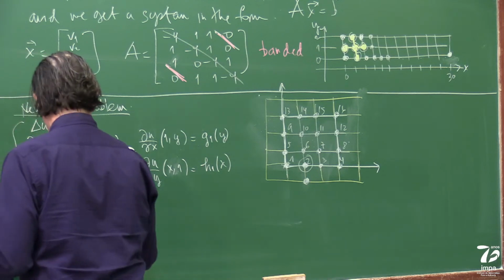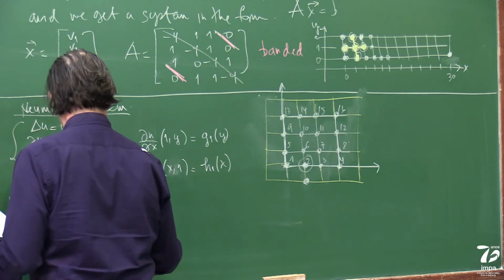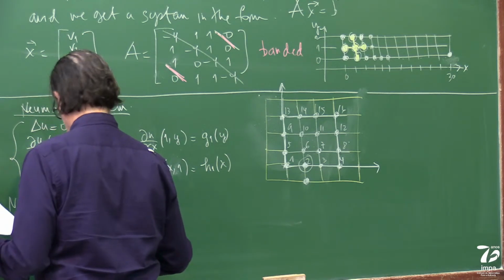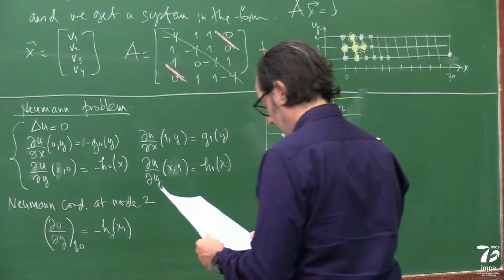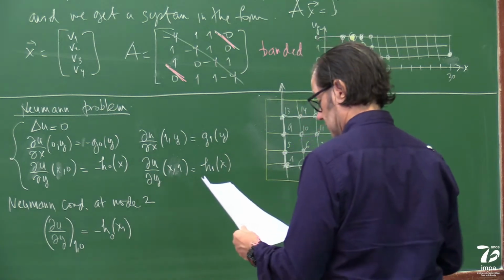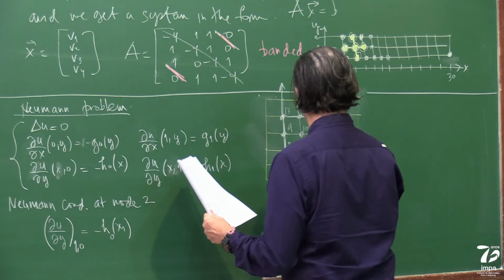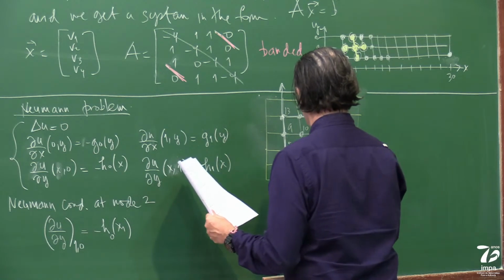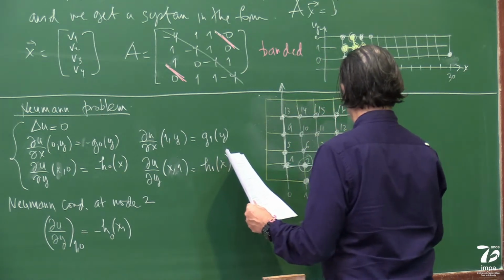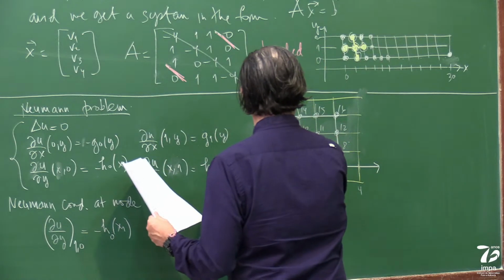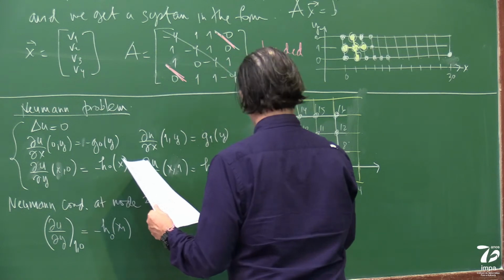du dy. The notation of the nodes is 1, 0. So the notation is like this, is 0, 1, 2, 3, 4, 0, no, not 0, this is wrong.